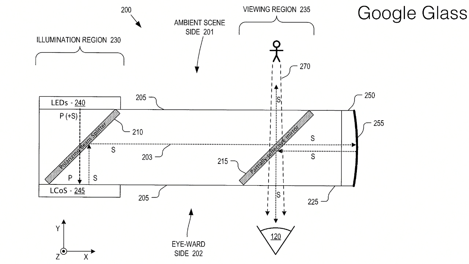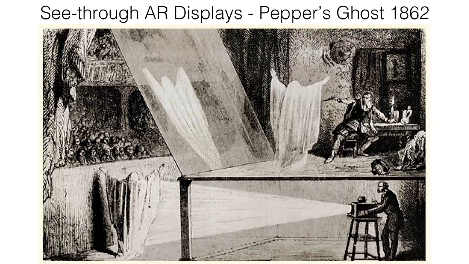We have a liquid crystal on silicon spatial light modulator there. You can think of this as a reflective LCD. And then we have a little curved combiner on the right that projects the image and magnifies it into the eye of the observer. The observer looks through a beam splitter so that they can see the real world and the digital world both at the same time. This principle of operation has also been around for a few years now.